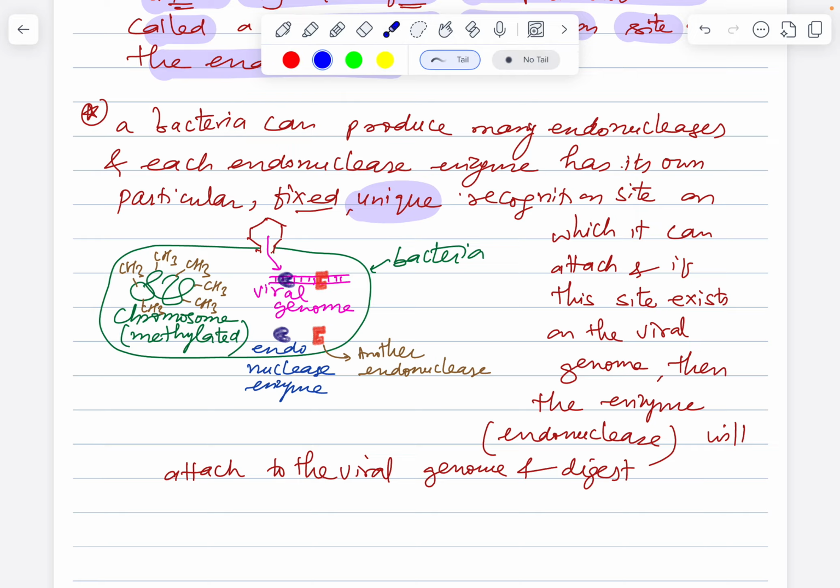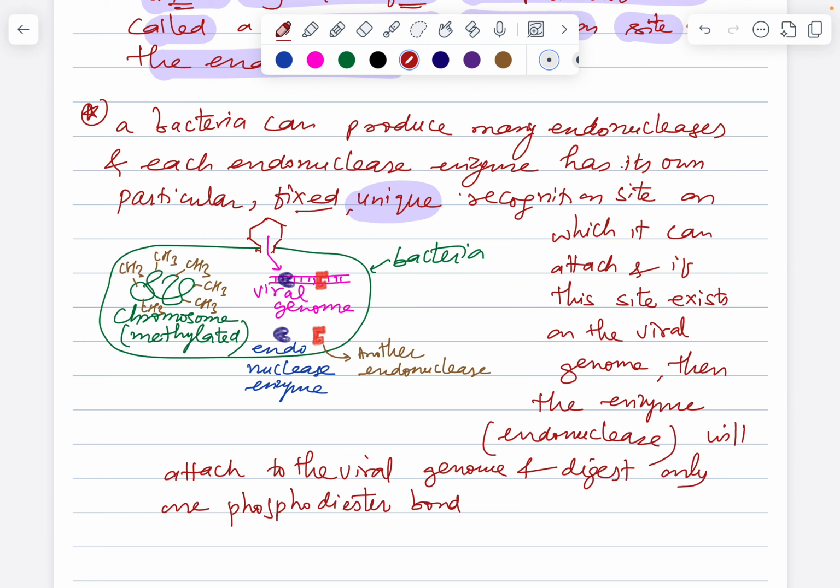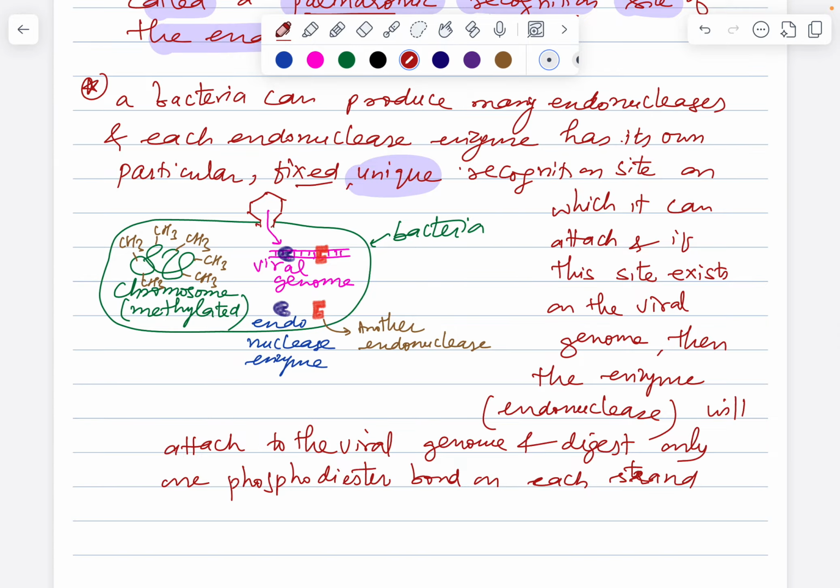If the recognition site for the enzyme exists on the viral genome, the enzyme is going to attach over here and will digest only one phosphodiester bond on each strand.